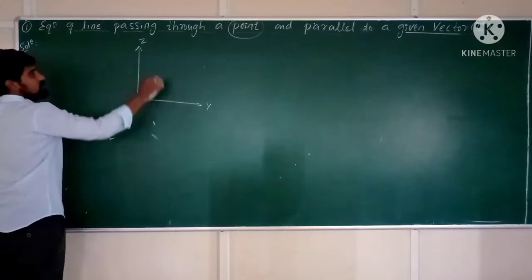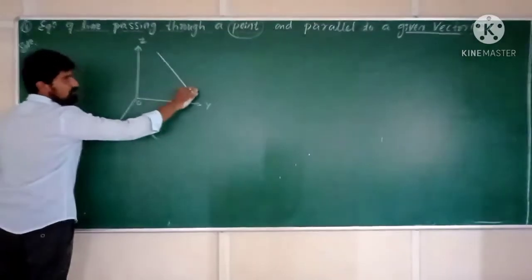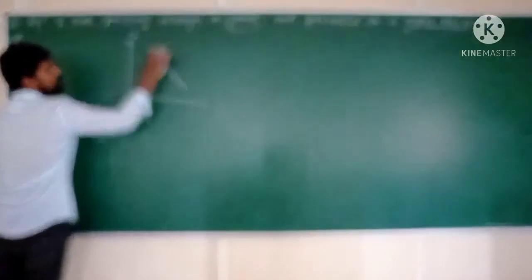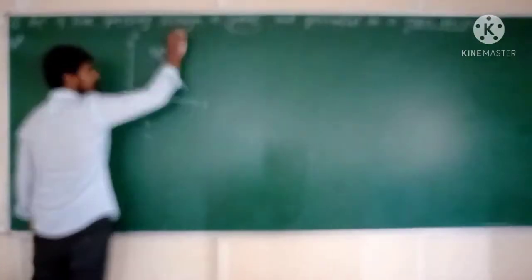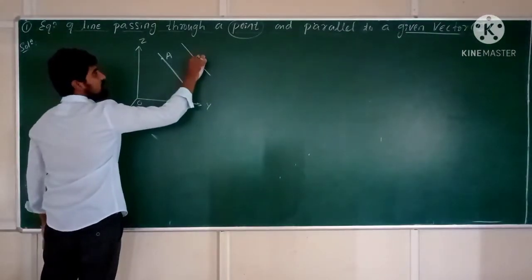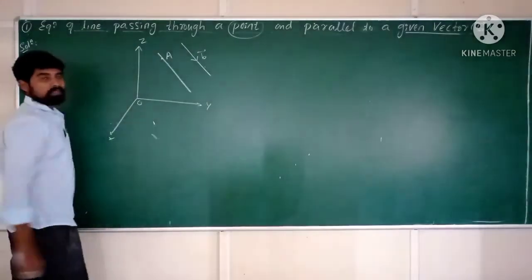Let us consider a line passing through the point A and parallel to the vector B.